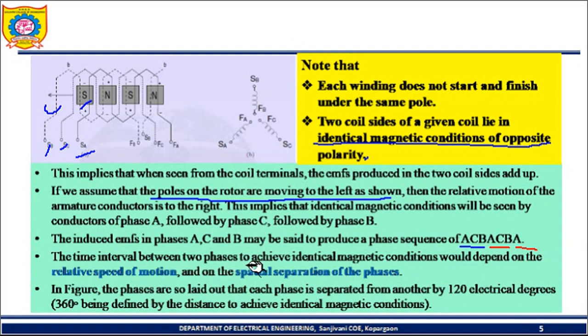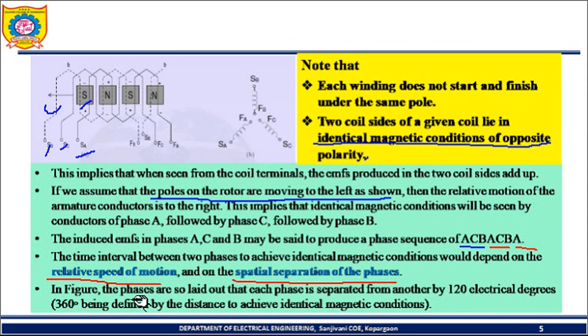The time interval between the two phases to achieve identical magnetic conditions depends on the relative speed of motion and on the spatial separation of the phases.